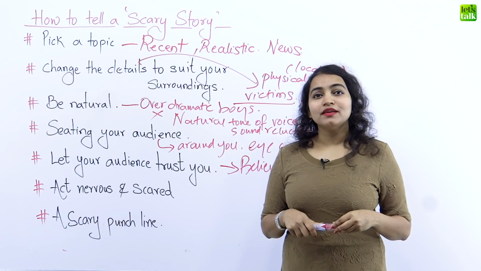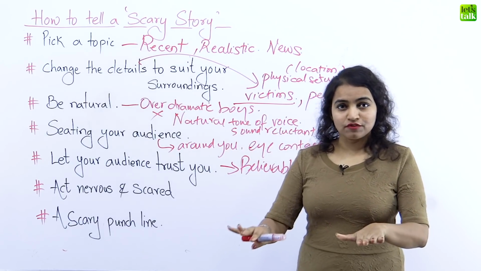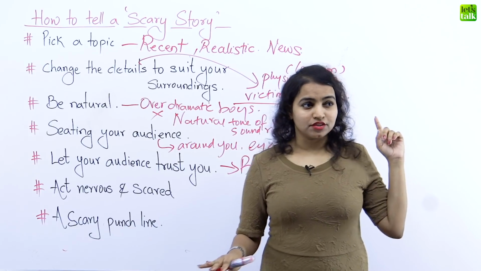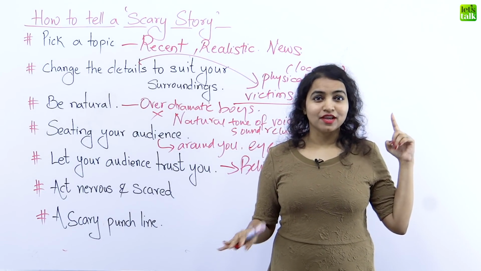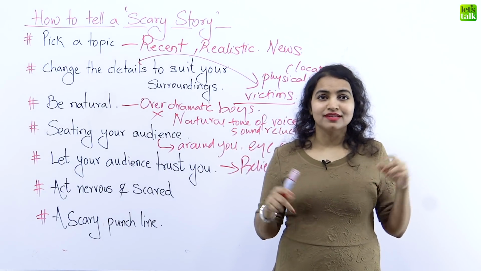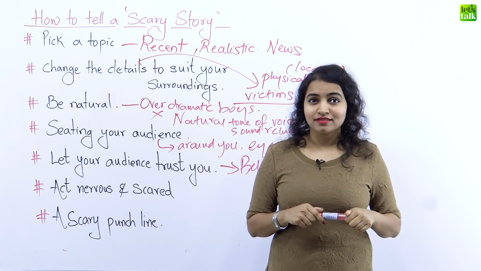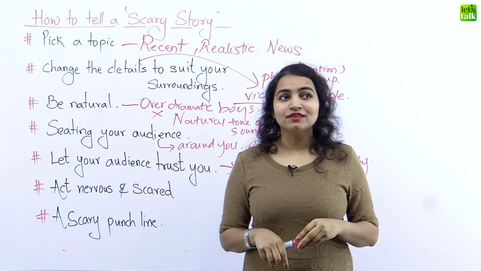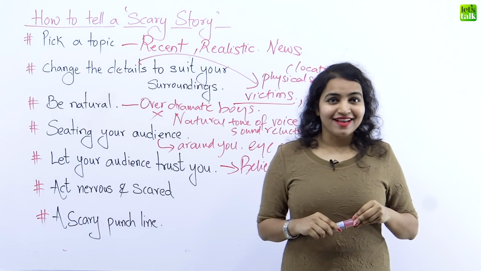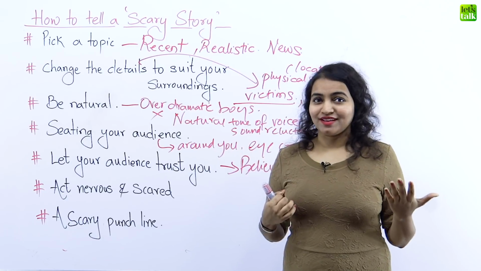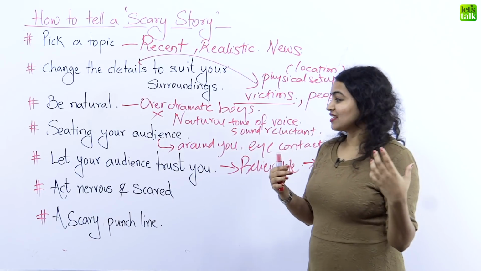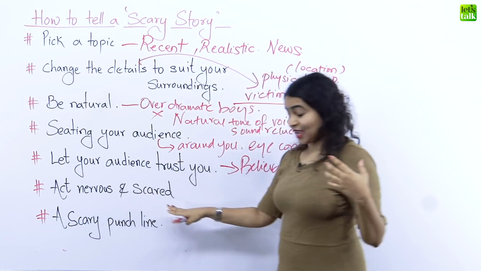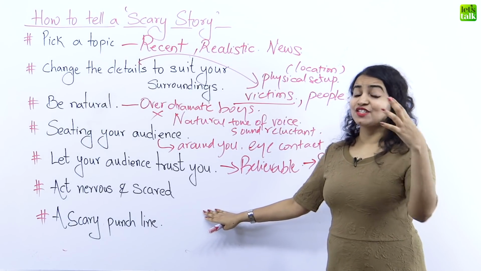Or you could maybe just stop your story for a while and say things like, did you hear that? Like you've heard something very eerie and very scary, but you're not sure. That kind of makes everyone's ears go up as well. Or you could just look around you, as if someone's approaching. So when you start to act nervous and scared, that is contagious.